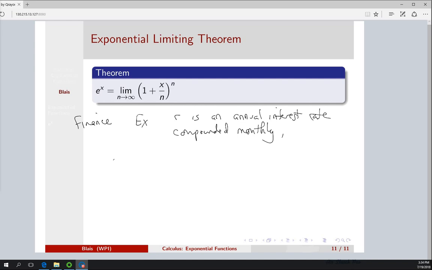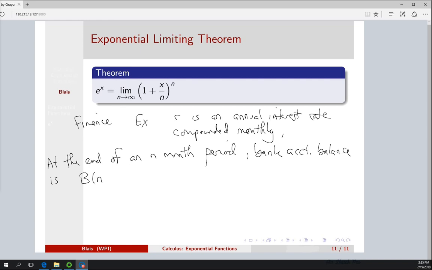At the end of the second month, they'll do it again. So what's happening is, at the end of an n-month period, your bank balance is a function of how many months you had. And so we'll call it B naught.